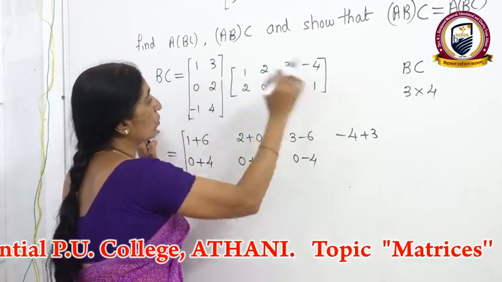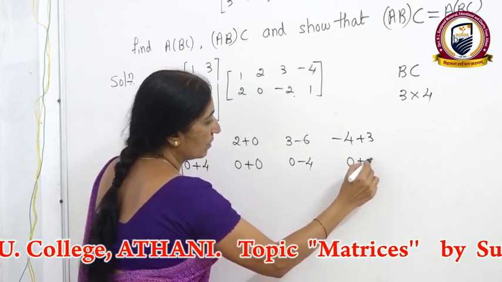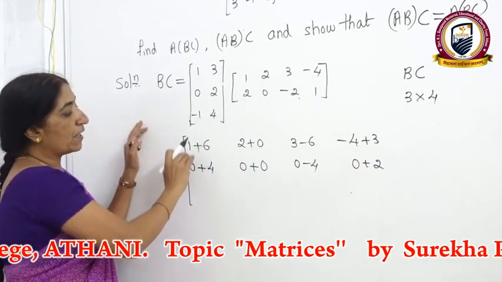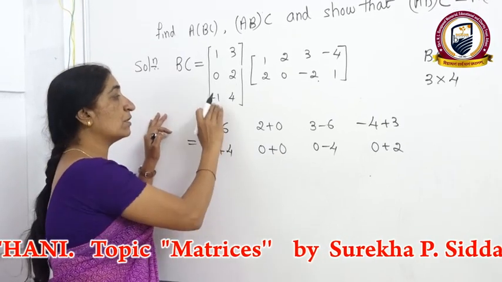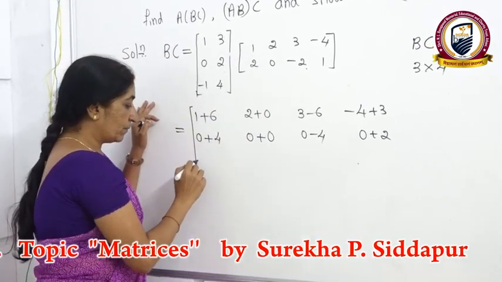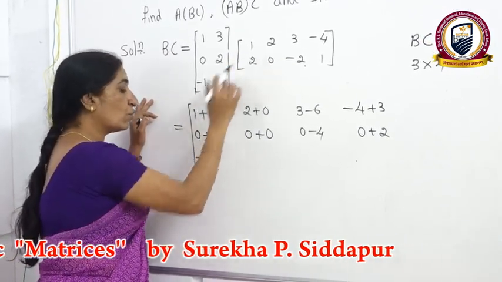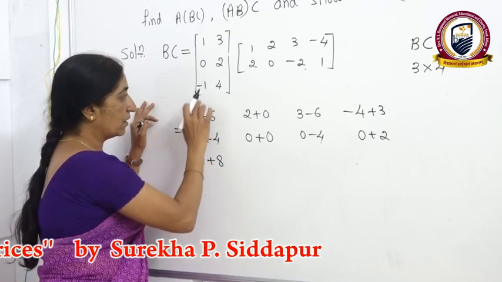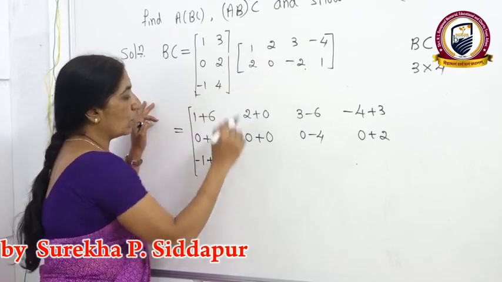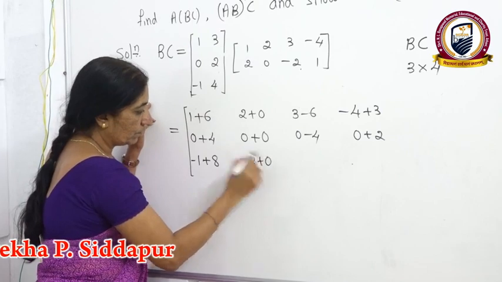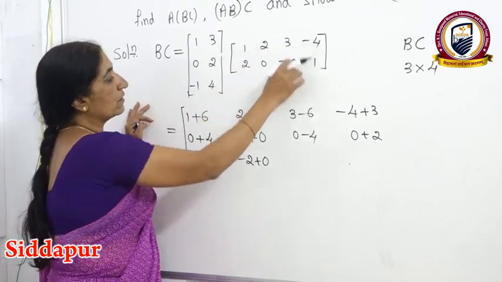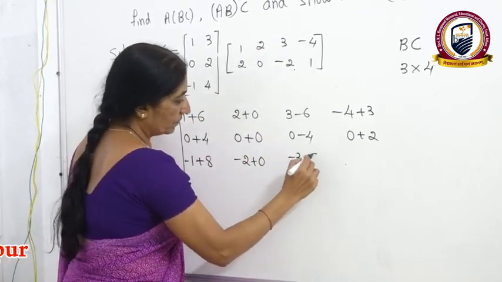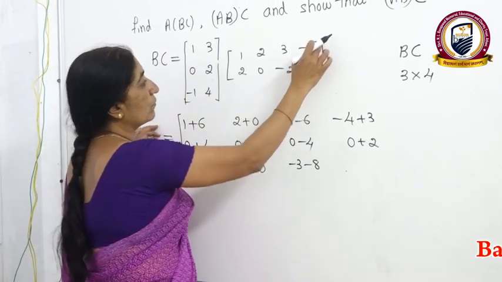Second row with fourth column, 0 plus 2. That completes the second row. Then the third row: minus 1 into 1, minus 1, 4 into 2, 8. Then third row with second column, third column, and fourth column.